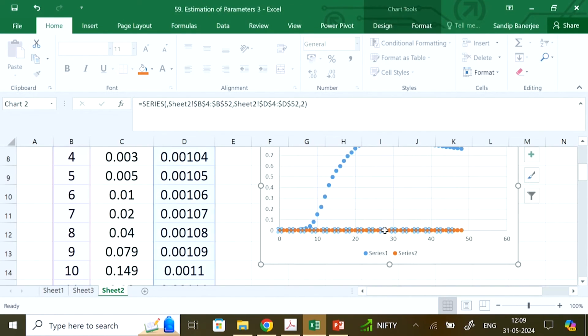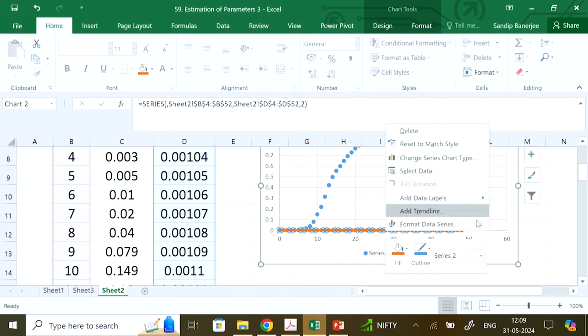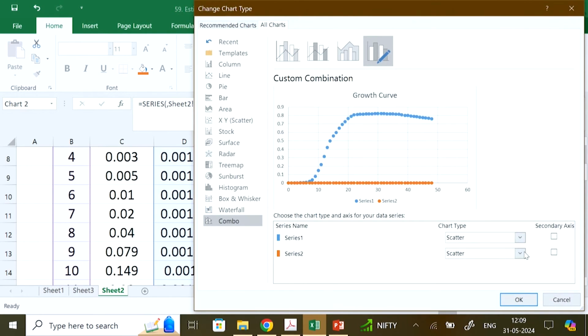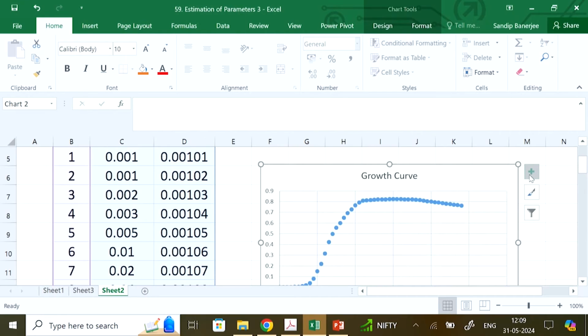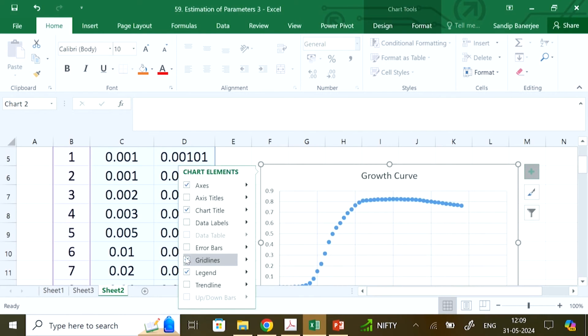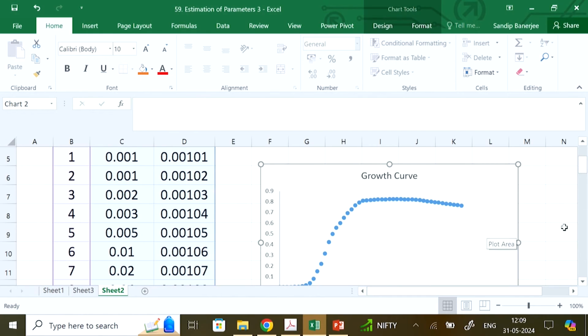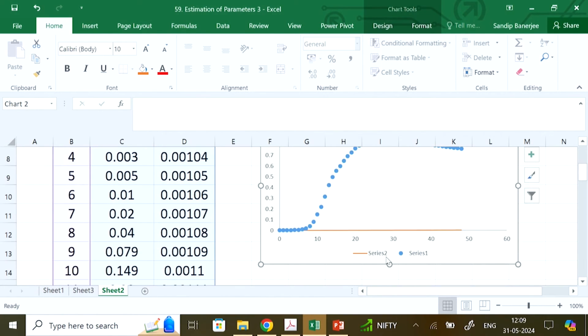So this one, let's change it to series type, as a continuous line. And let me remove the grid lines. The legends are here.